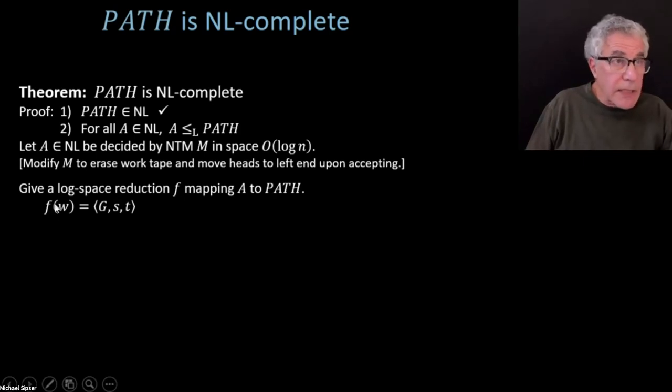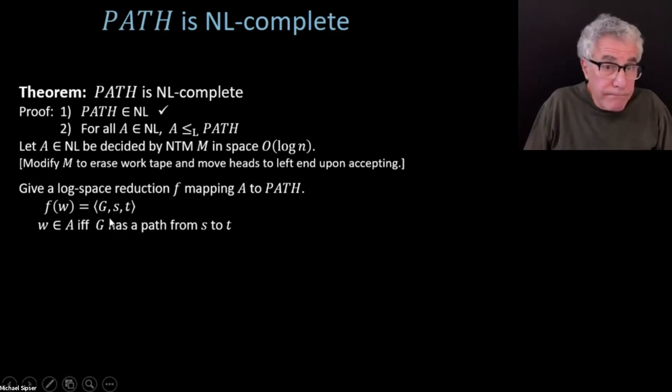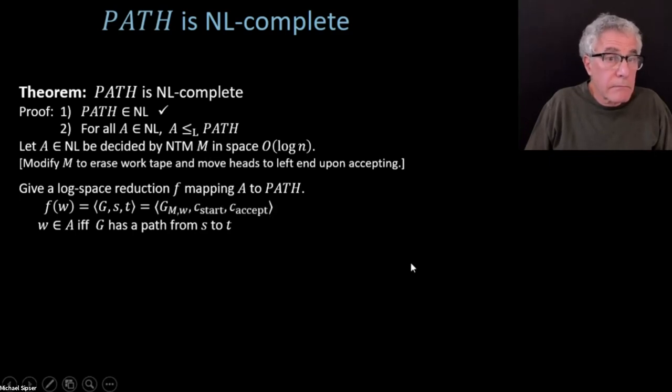Thinking about what that means, I'm going to take an input W, which may or may not be in A, and produce for you a graph G with start and target nodes S and T, where W is going to be in the language if and only if G has a path from S to T. And what do you think that graph is going to be? That's going to be the configuration graph for the machine that decides A. Okay?